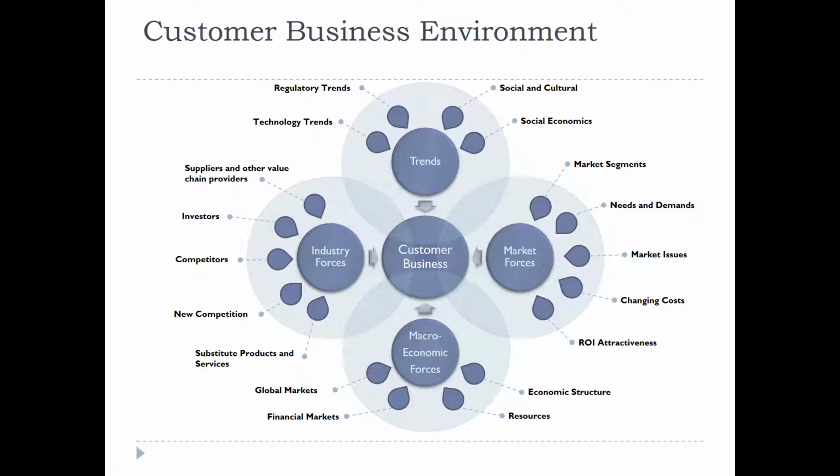So when we start talking about market forces, what are the customer, the business owner, the supplier, and other value chain providers? Are they happy with them? Are they causing frustration? What are the investors, the shareholders, what are they thinking about? What are the competitors?